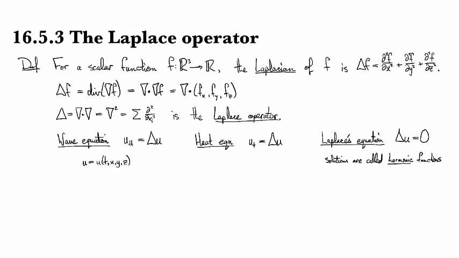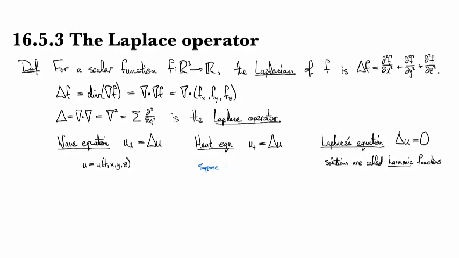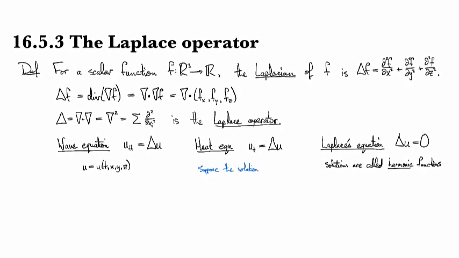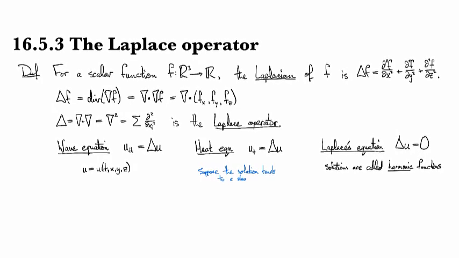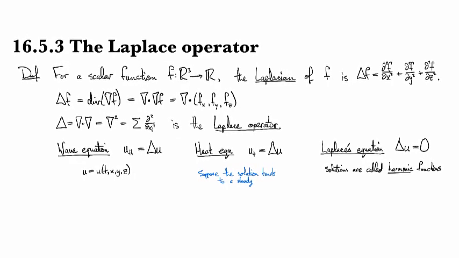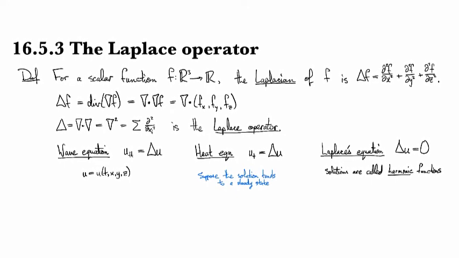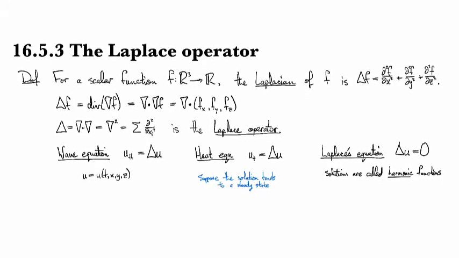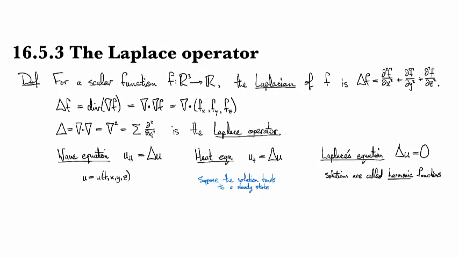You can also see, for example, suppose that you're looking at the heat equation, and suppose the solution tends to a steady state. Now this might depend on the conditions of the problem, like how much heat you're adding in or taking away. But in many cases, it's physically and mathematically realistic to assume that the heat of whatever you're modeling tends to an equilibrium, that it's evening out. Well, what happens in that case?